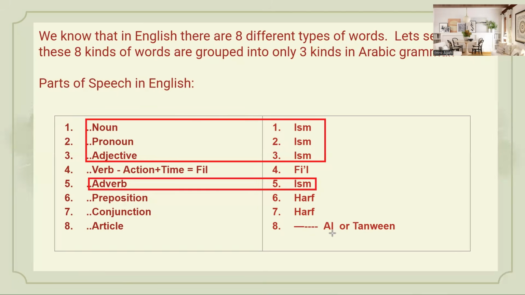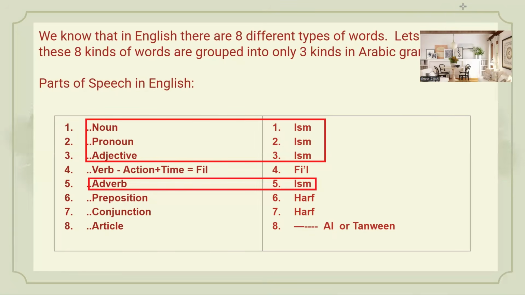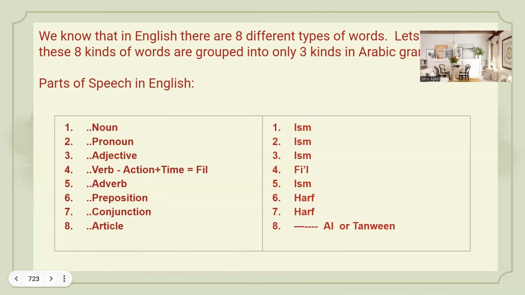In Arabic, you have al kitab, like al kitab. So al, or then, and most of the words in Arabic, they have an in sound at the end. So then that tanween tells us that the ism is singular. So that's how we can compare the different types of words in English to the three types of words in Arabic. Okay, moving forward.